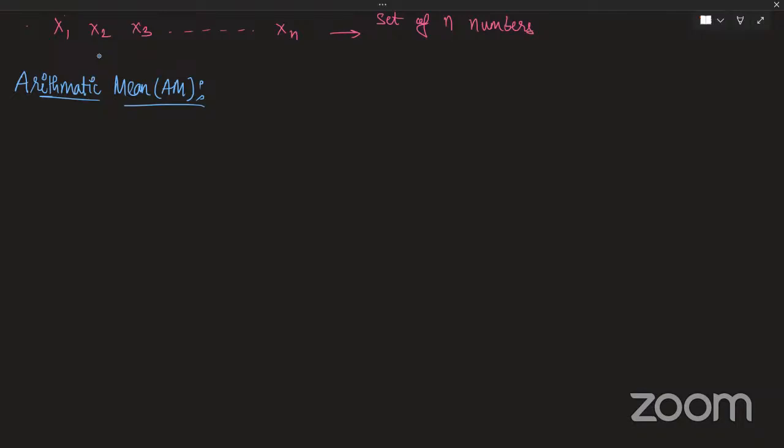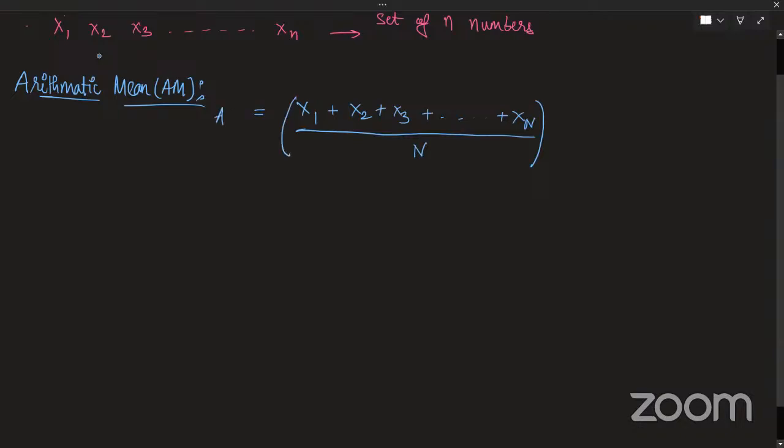Sum of observations divided by number of observations. Correct. This will be my AM: sum of observations divided by number of observations, and the number of observations is n.